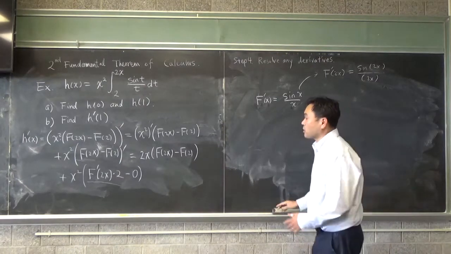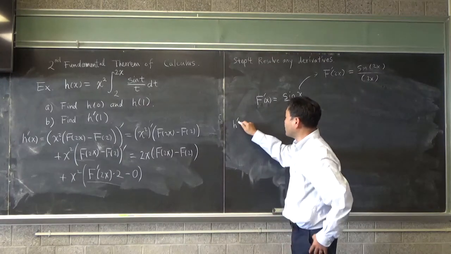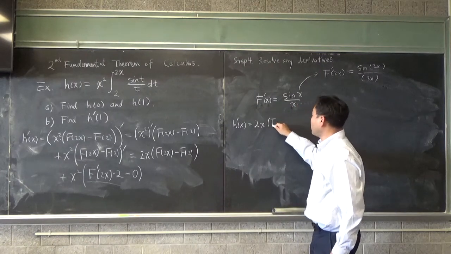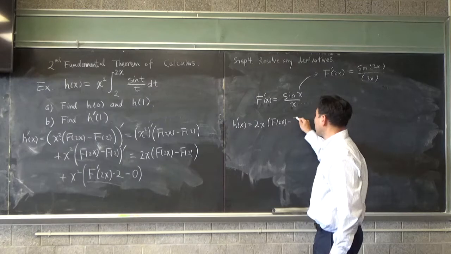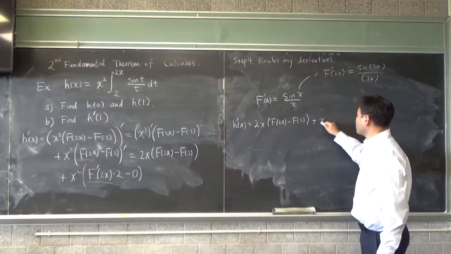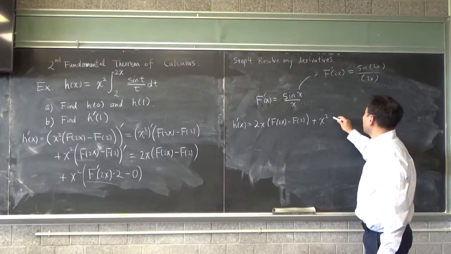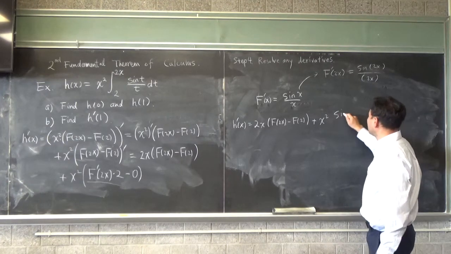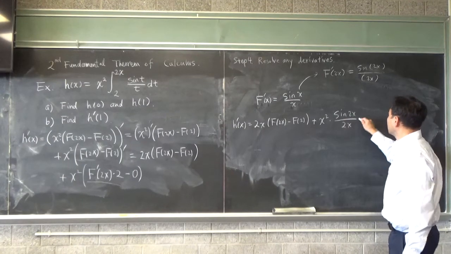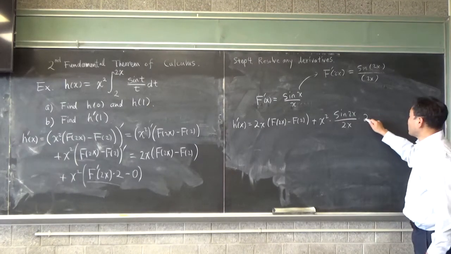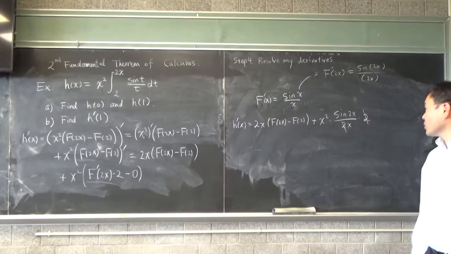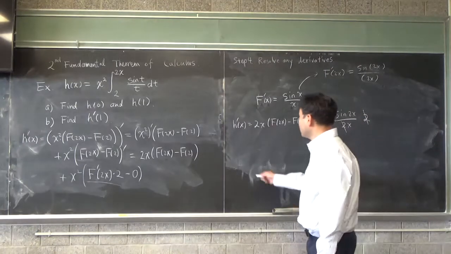So here's what we have so far. We found out that h prime of x is 2x times F of 2x minus F of 2, plus x squared, and then F prime of 2x is sine 2x over 2x, and then you multiply by 2. I guess 2 and 2 cancel. Okay, now we are almost there.